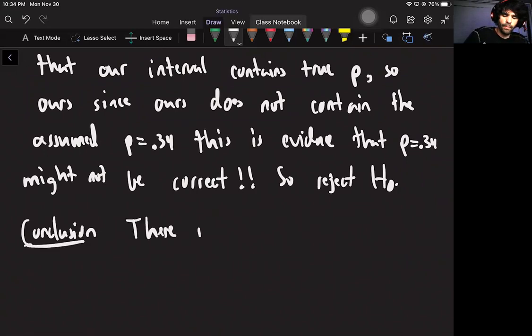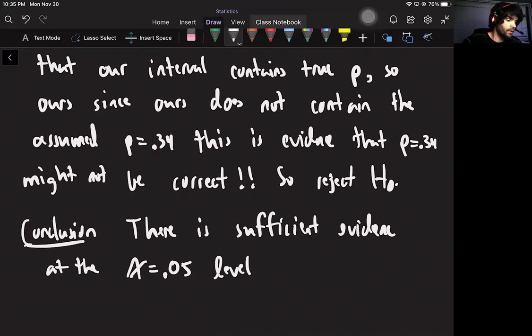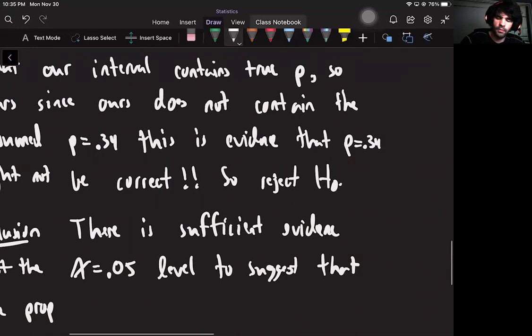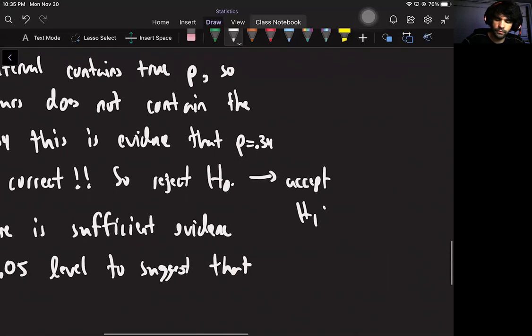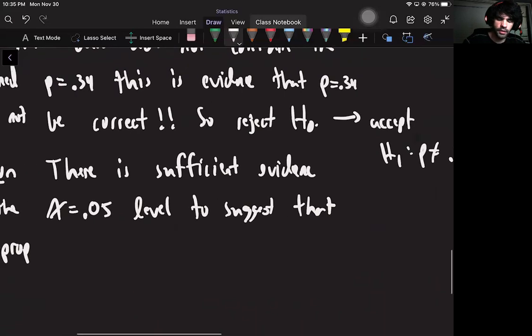There is sufficient evidence at the alpha equals 0.05 level to suggest that, now the context comes back, but really what this means is we're accepting H1 instead, that p is not 0.34, and now I'm just rewriting what that actually means in context of the problem.